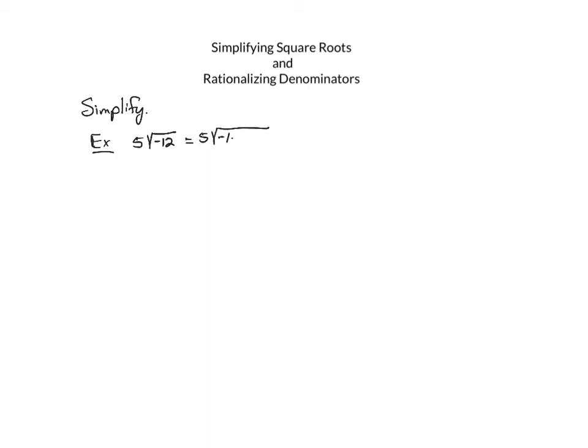I have a -1 times a 4 times a 3. I can take out the i because of this square root of -1. I can take a 2 out because of the square root of 4. So when I bring out the i and the 2, I would have 10i times the square root of 3, and it's complete.